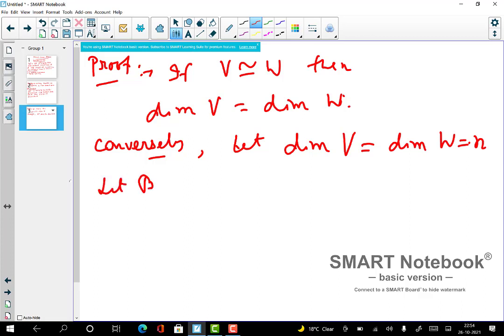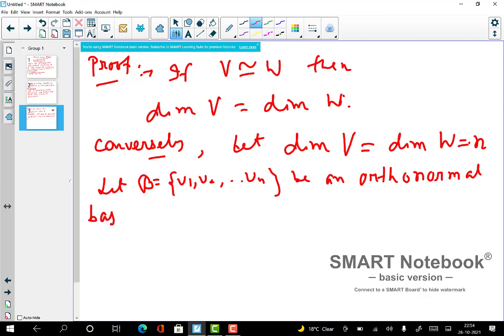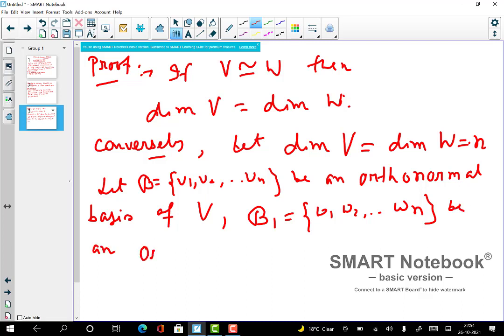Let B equal v1, v2, up to vn, be an orthonormal basis of V. And you choose another orthonormal basis of W, say B1 equal to w1, w2, up to wn, because the dimension is the same.